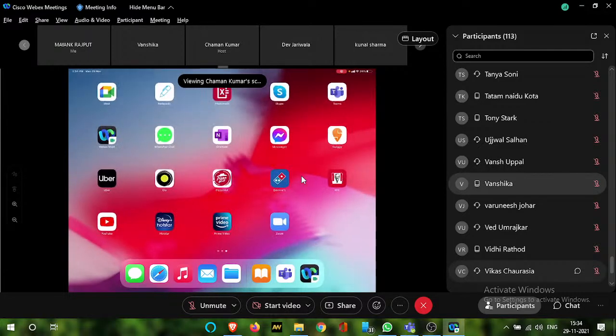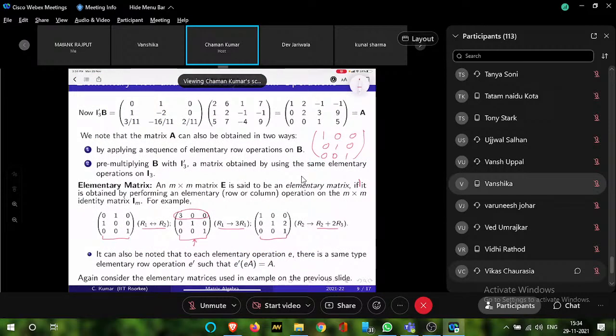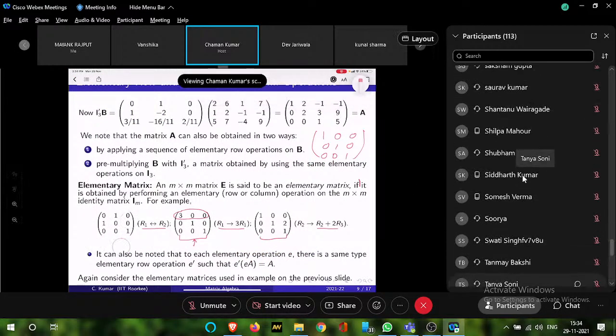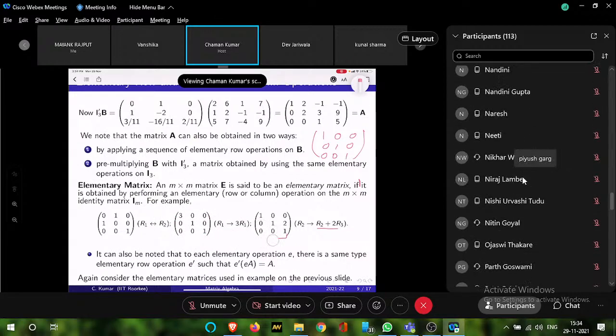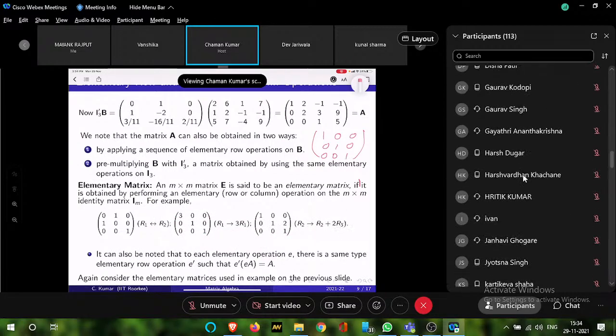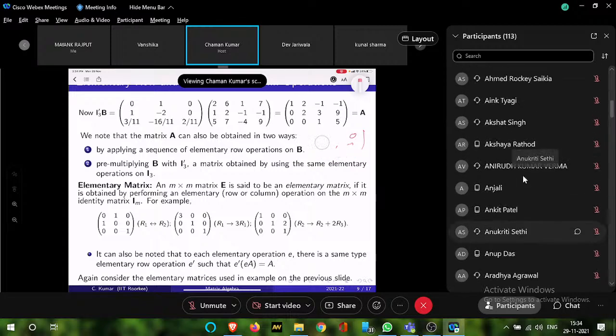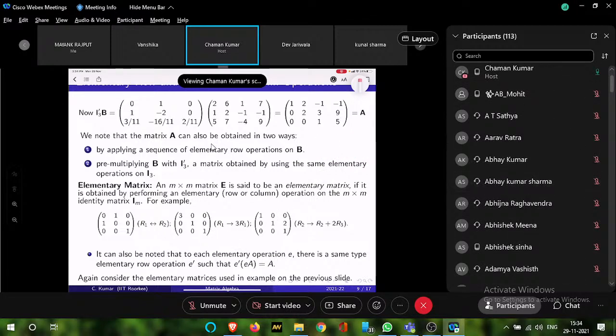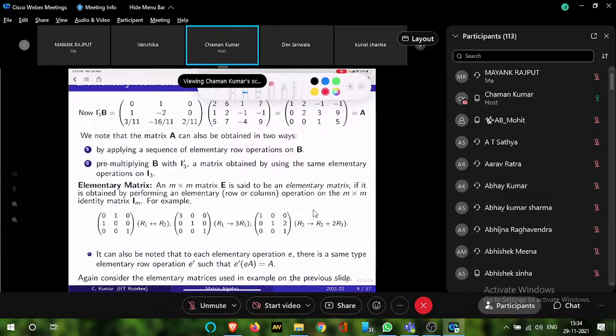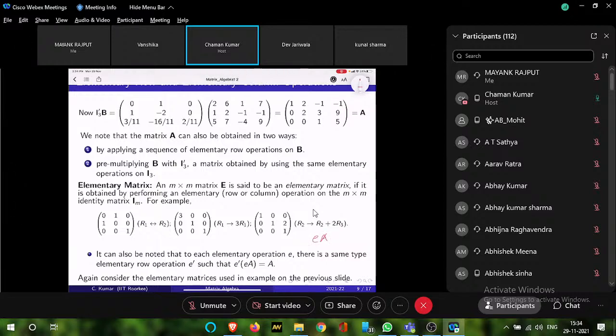Okay, so now you know what is elementary matrix. Elementary matrix is the matrix that you obtain by applying one elementary row operation on the identity matrix. Okay. So if you have a matrix A and you write this little e in front of it, this little e is one of the elementary row operations. So you have seen 3 elementary row operations. So e is one of the elementary row operations that you perform on the matrix A. Then your new matrix is denoted by, let's say, EA.